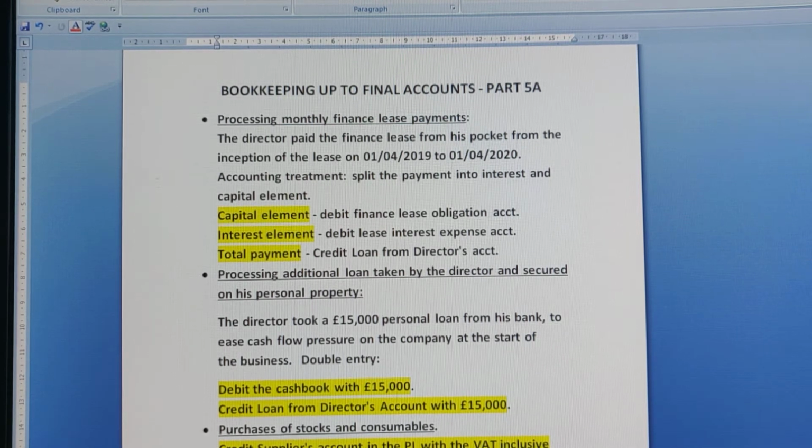The VAT element, that is the VAT that you have been charged by your supplier, should be debited to the VAT recoverable account. That leaves you the other side of the double entry, which is the credit side. Credit the entire amount, that is the net and VAT, to the trade creditors control account in the nominal ledger.